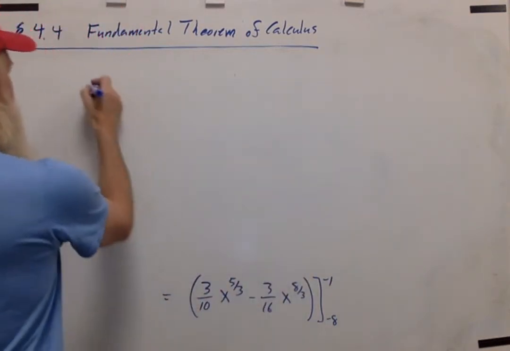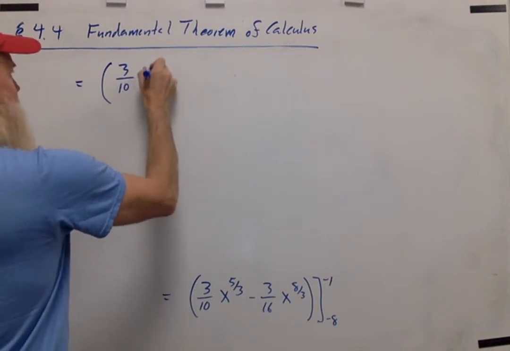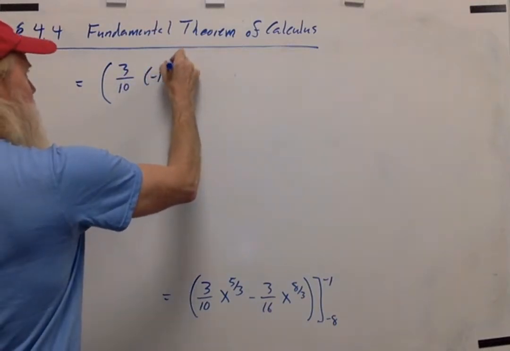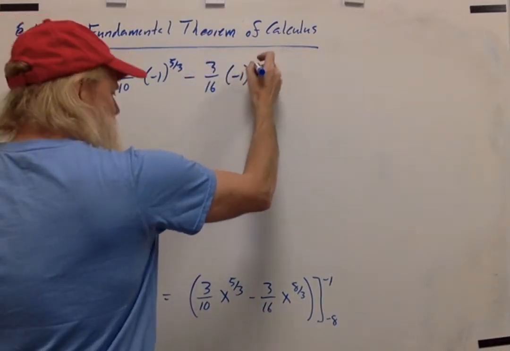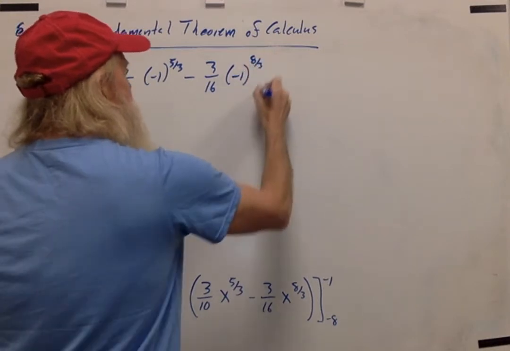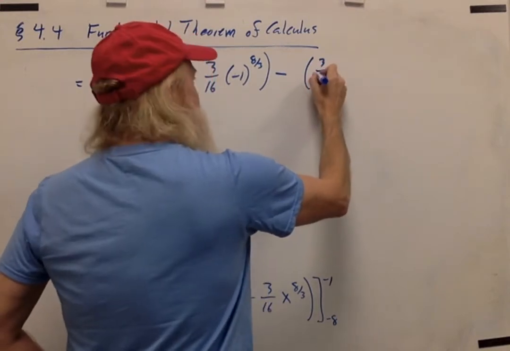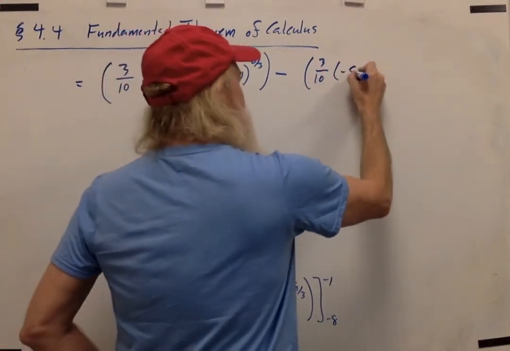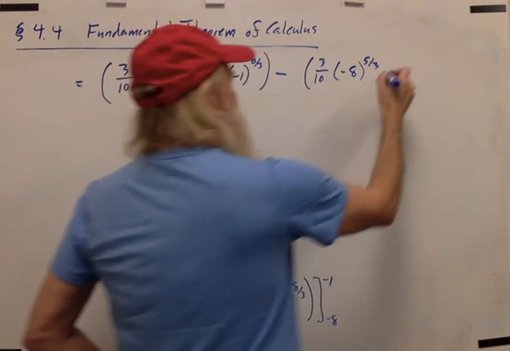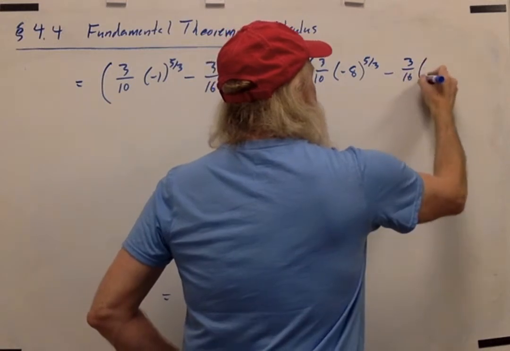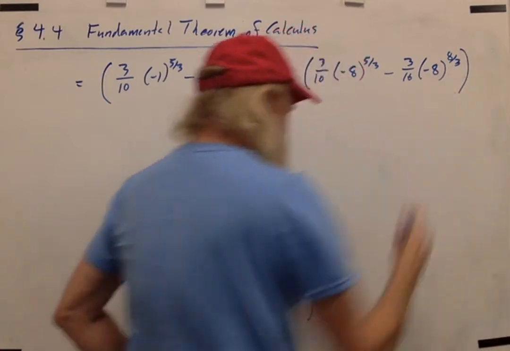So first I plug in the top bound. That will give me 3/10 times -1 to the 5/3 minus 3/16 times negative 1 to the 8 thirds, minus 3/10 times negative 8 to the 5 thirds, minus 3/16 times negative 8 to the 8 thirds.